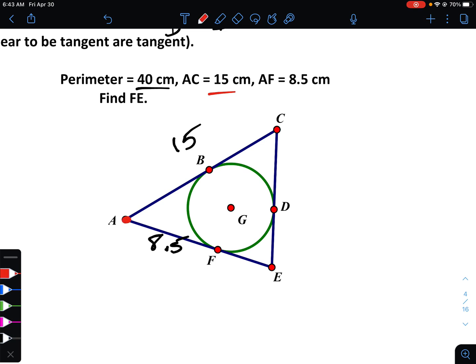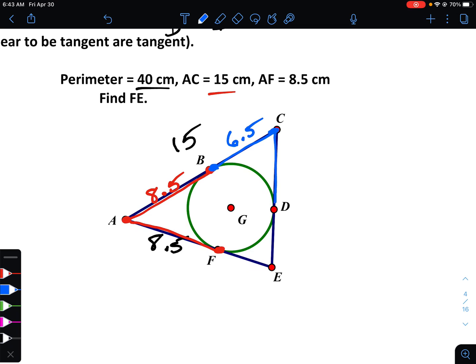So if we know that that distance is 8.5, then that means that we also know that this distance is 8.5. And if you take 15 minus 8.5, then that means that this distance has to be 6.5.